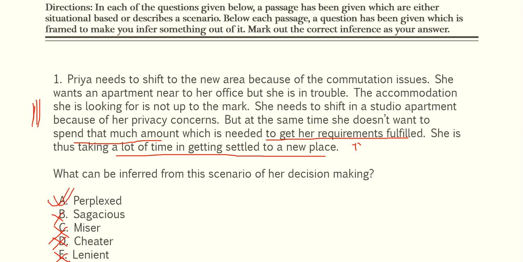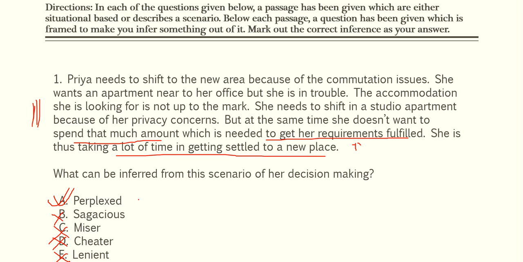Yes, she's confused. Fine, because see, Priya is facing commutation issues, right? She should shift to a nearer place, which will obviously be higher in rent. Fine, she may have to pay a higher rent than she had been previously paying.